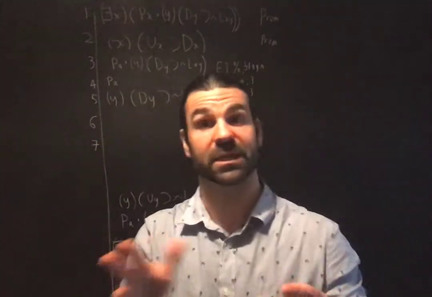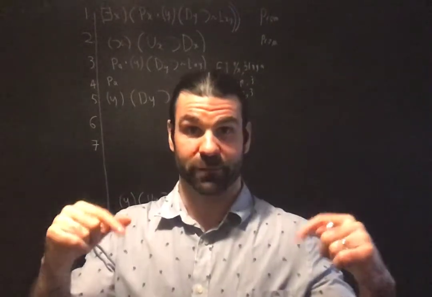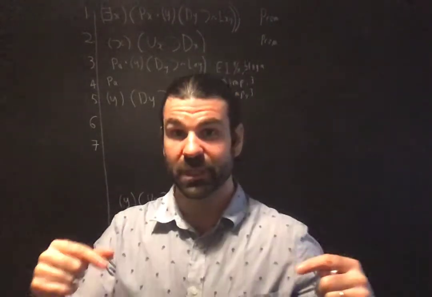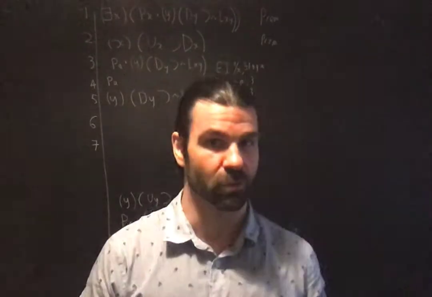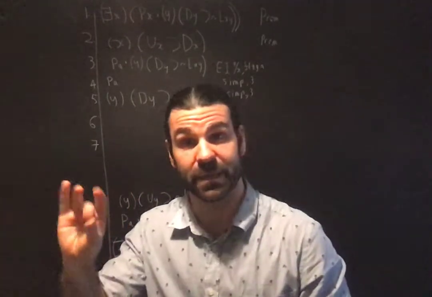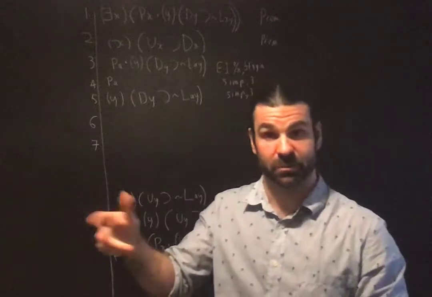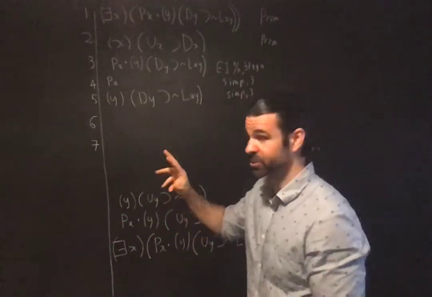And remember, we had to limit the use of EI because it's not valid for me to infer in an unrestricted way, somebody trampled my strawberry patch, therefore you trampled my strawberry patch, right? It might not be true of that particular individual, so we have to keep Andrew arbitrary. We have to keep that individual as an arbitrary individual.